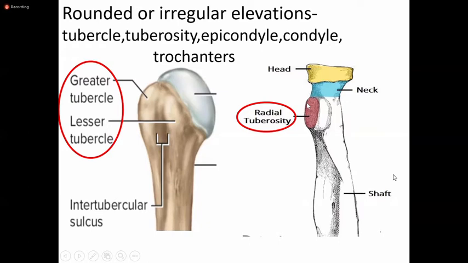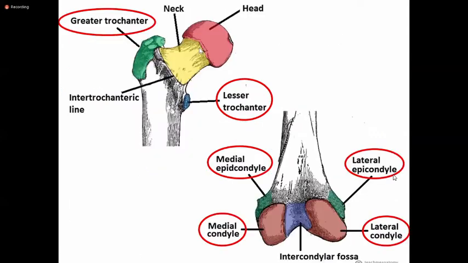Then we have trochanters. These trochanters are also bony elevations that develop as a result of pull by the muscle. This is the upper end of the femur. Here we can see the greater trochanter and lesser trochanter, and they also give origin and insertion to the muscles.